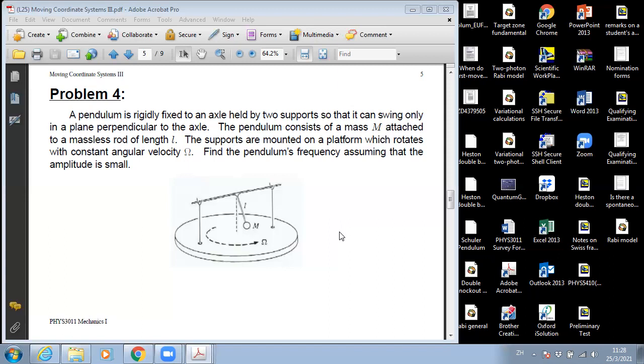Obviously, I would advise you to use the non-inertial frame to work out the solutions.